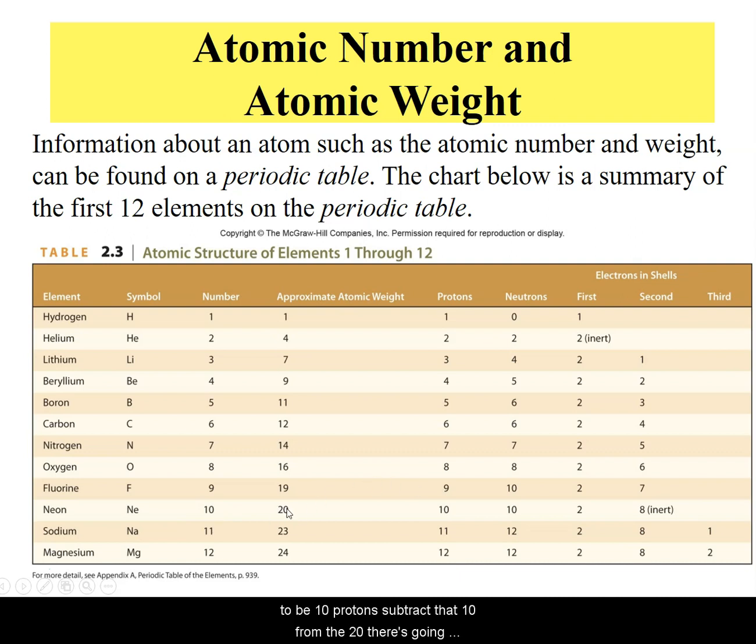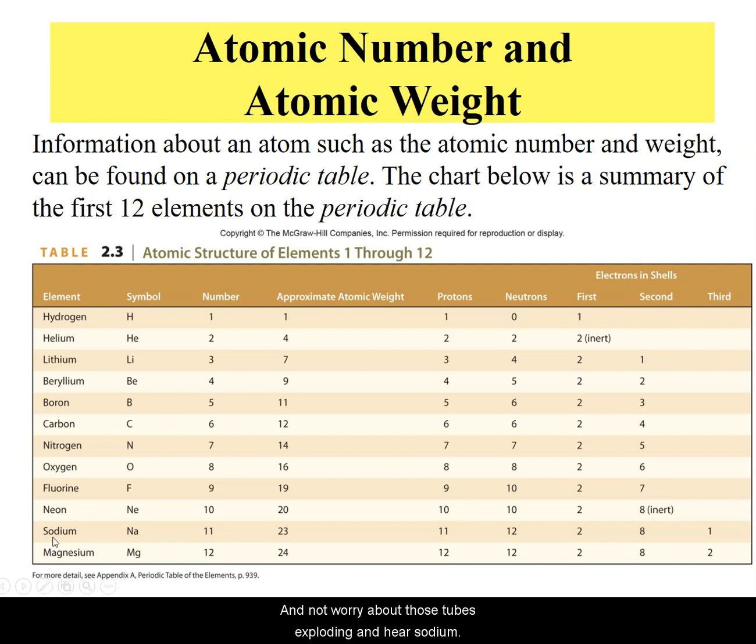Subtract that 10 from the 20, there's going to be 10 neutrons. Its first shell is going to be full at 2, and its second shell is going to be full at 8, and here's another inert element, not reactive, so we can safely have neon lights and not worry about those tubes exploding.